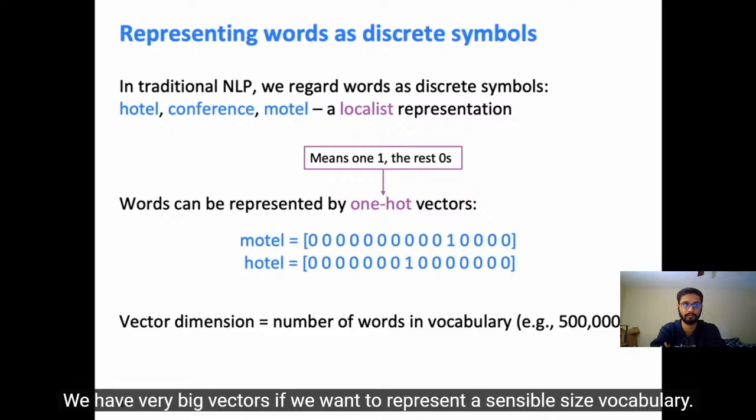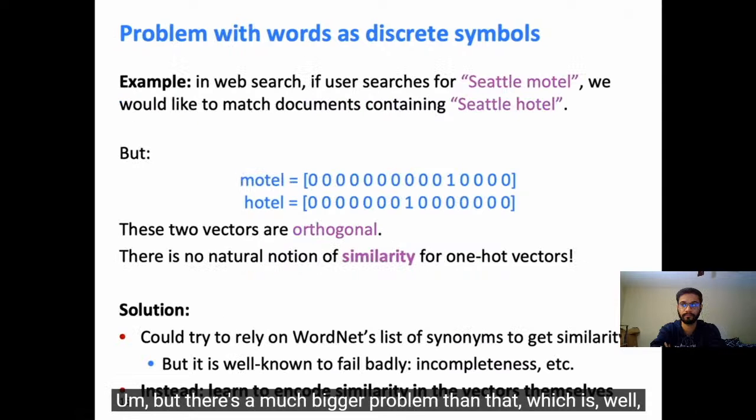We have very big vectors if we want to represent a sensible sized vocabulary. But there's a much bigger problem than that, which is that precisely what we want to do all the time is understand relationships and the meaning of words. An obvious example of this is web search.